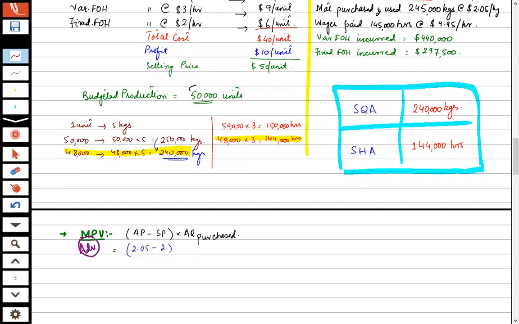So the material price variance would be adverse, and how much adverse? Into the actual quantity purchased, that is 245,000. So the material price variance works out as 2.05 minus 2 into 245,000. You can check it personally. It would be $12,250.